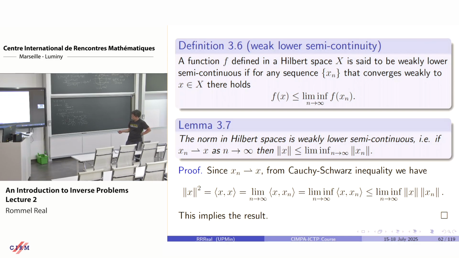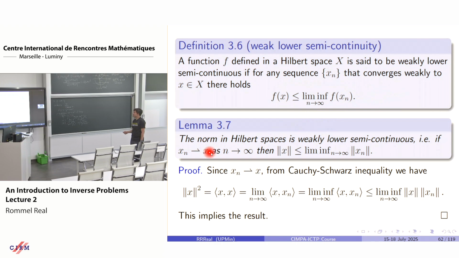First, we also need to describe what we mean by weak lower semi-continuity. If you're familiar with lower semi-continuity, that's simply the definition where you replace strong convergence by weak convergence. So a function f in a Hilbert space X is said to be weakly lower semi-continuous if for any sequence x sub n that converges weakly to x, the following inequality holds.